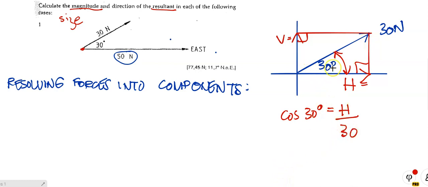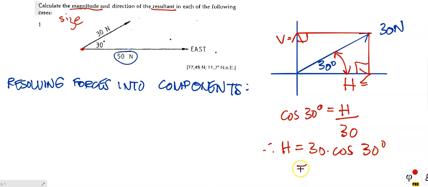Can you see that there? The cosine of that angle is equal to the adjacent, which we called h for horizontal, divided by the hypotenuse 30. Okay, so therefore h is equal to 30 times cos 30 degrees.